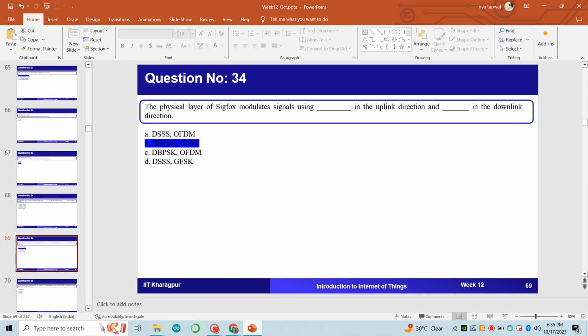Yes, it's option B. So basically, the physical layer of Sigfox modulates the signal using DBPSK in the uplink direction and GFSK in the downlink direction.